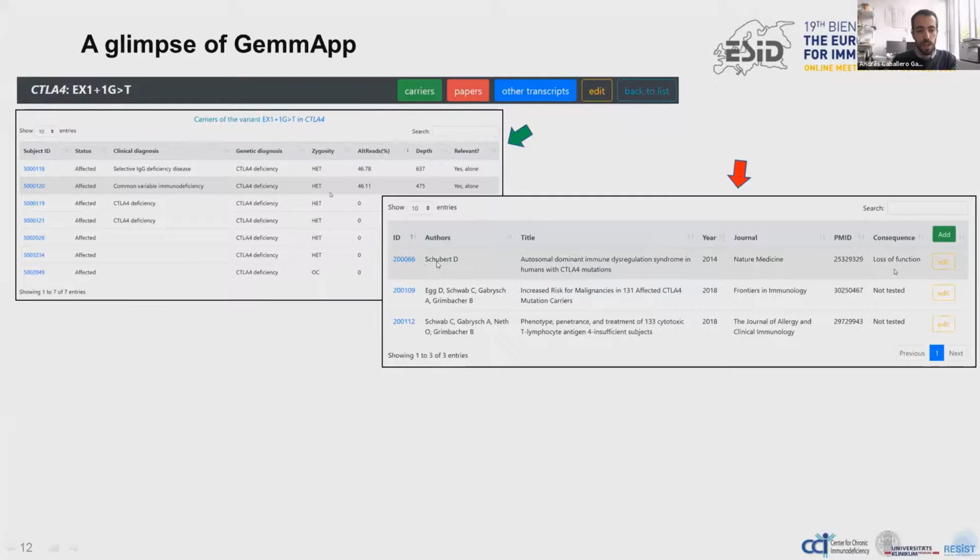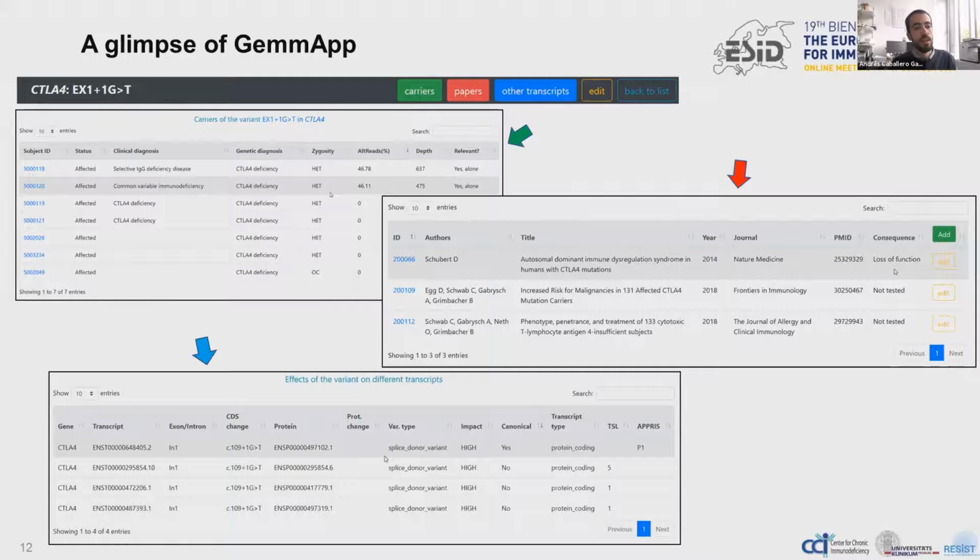And you can have immediate access to the paper, the PDF, and have a look yourself at the publication. Finally, you can also see what is the effect of this same mutation on the different gene transcripts. So for this particular example, it's actually the same, but as you may know, for many cases, the cDNA or protein position changes according to the transcript.